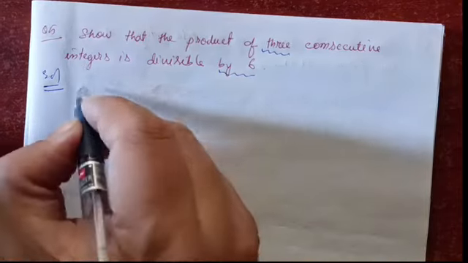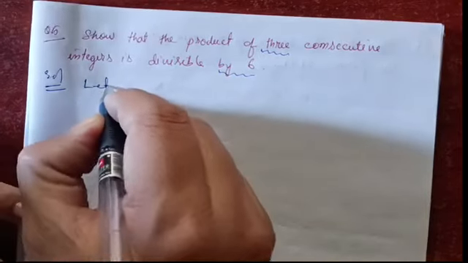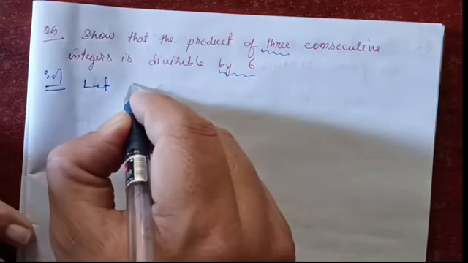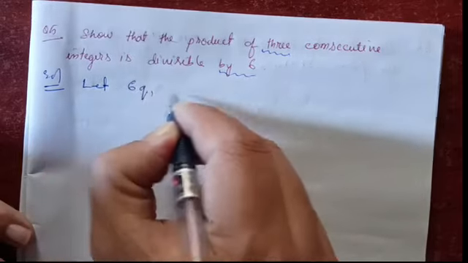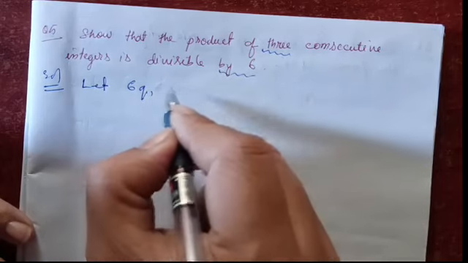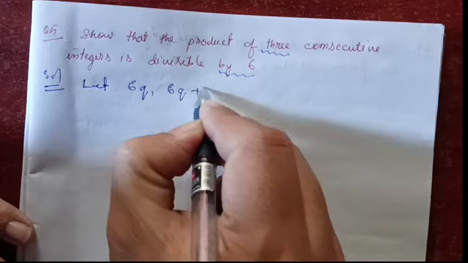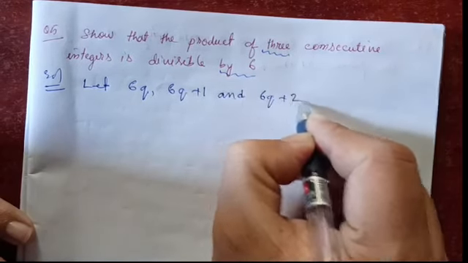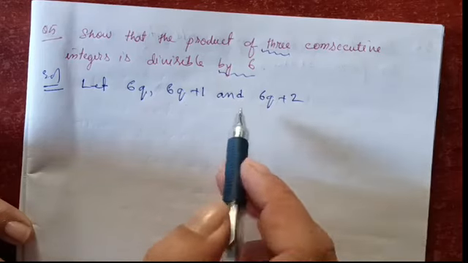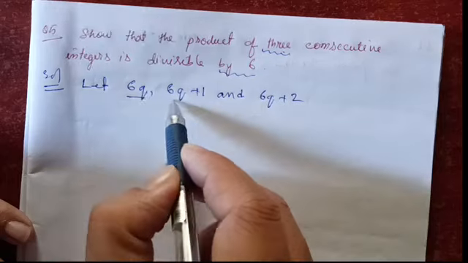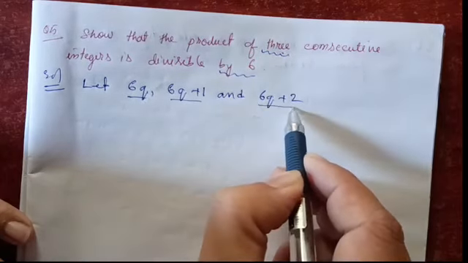In question number 5, let the number be 6, that is why we will be using the number 6. Let 6q, and since they don't mention any odd or even, we can write directly 6q plus 1 and 6q plus 2. Why do we write only 3 times? Because the question says to write only 3 times. So 1, 2, 3.